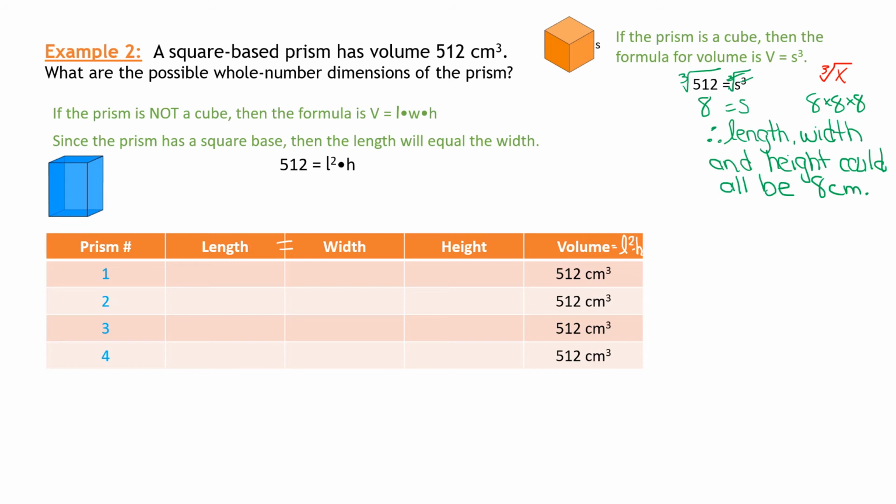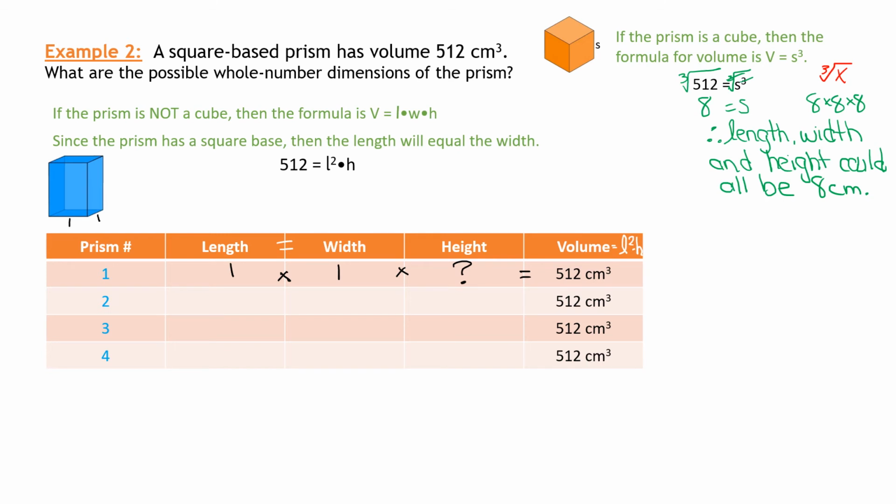All right, so let's start at the bottom. What if we had a length and width, meaning these bottom numbers, I'm drawing them on the blue prism here. If they're both 1, let's start with a 1. If the length is 1 and the width is 1, remember they have to be equal. What would the height be? If the volume is 512, and I know that length times width times height has to equal 512, what I've got now is 1 times something is 512.